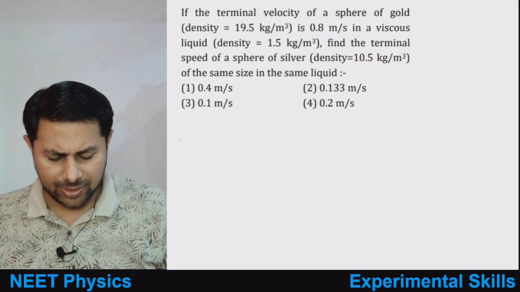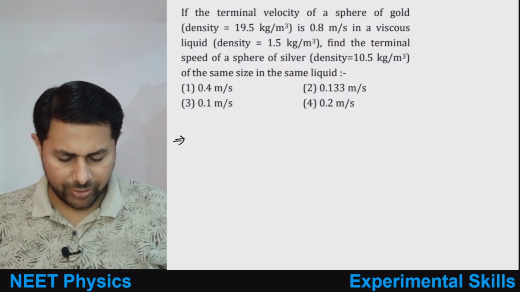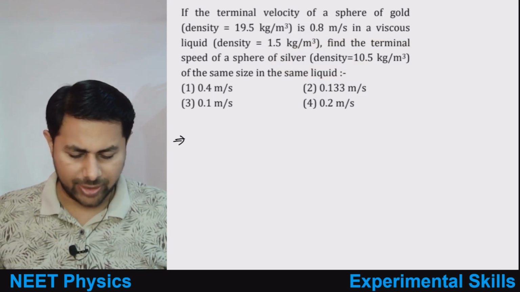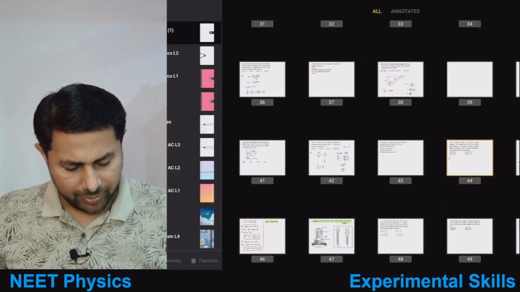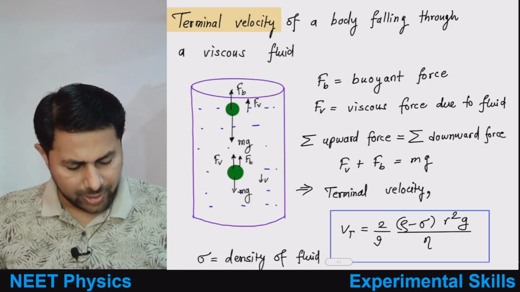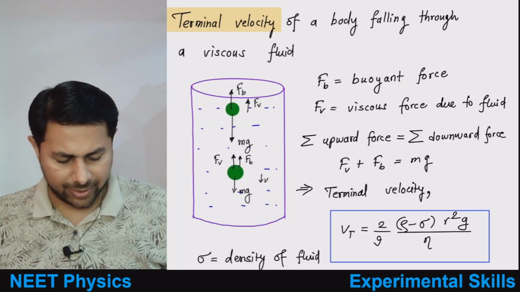So this is simple. We can make use of the formula: terminal velocity is given by 2 by 9 (rho minus sigma) r square g divided by eta.